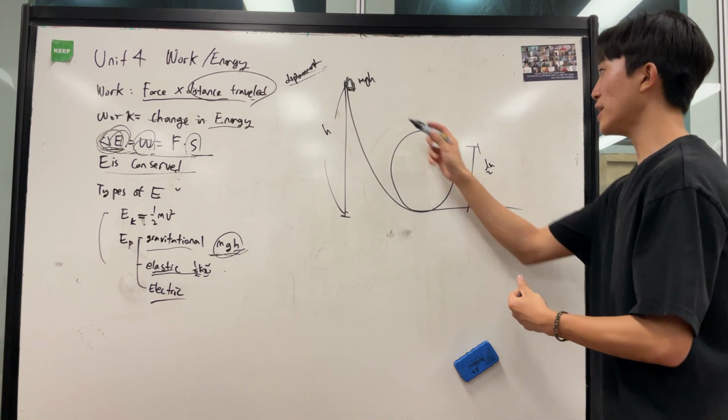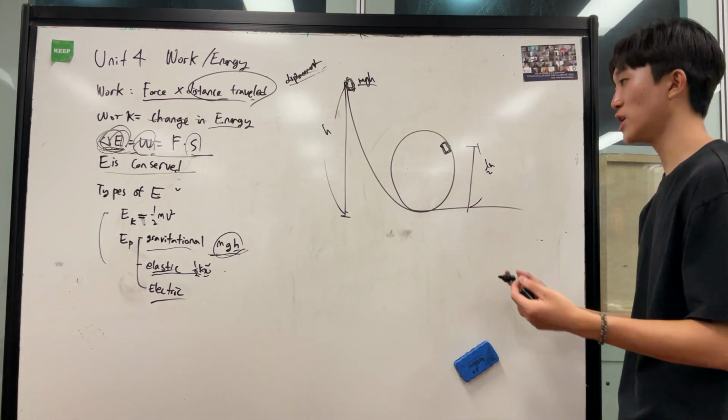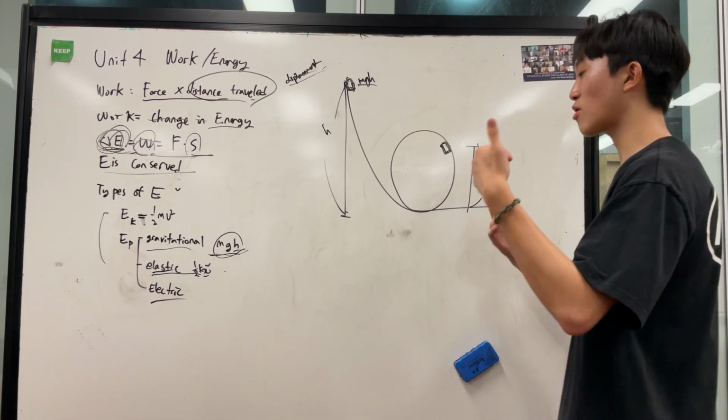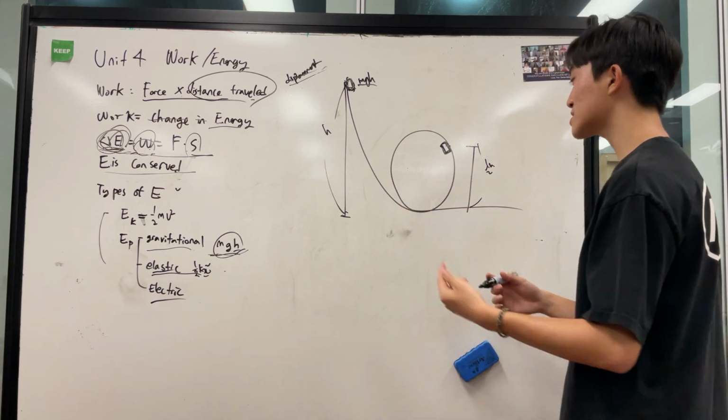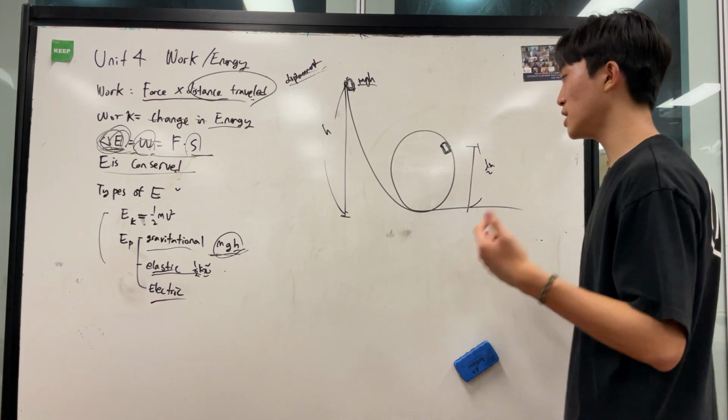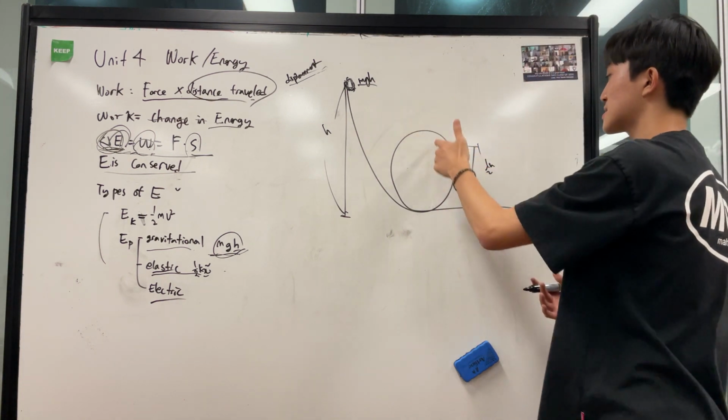Of course, its gravitational potential energy would change, but the total energy, the sum of all the energy present, the gravitational potential, the kinetic, the elastic, whatever, would in total stay the same.